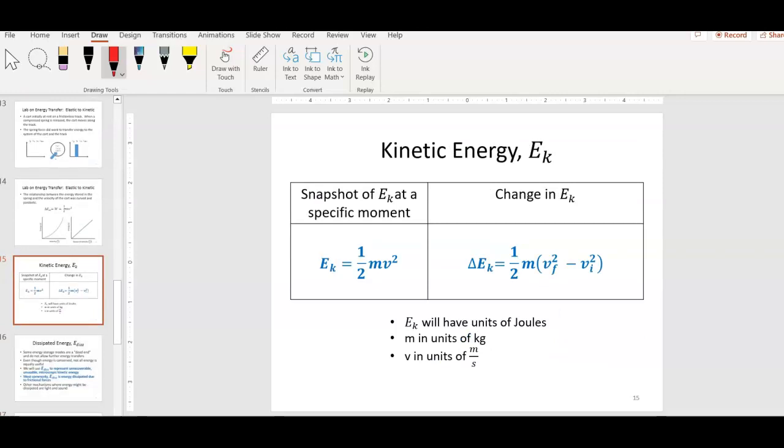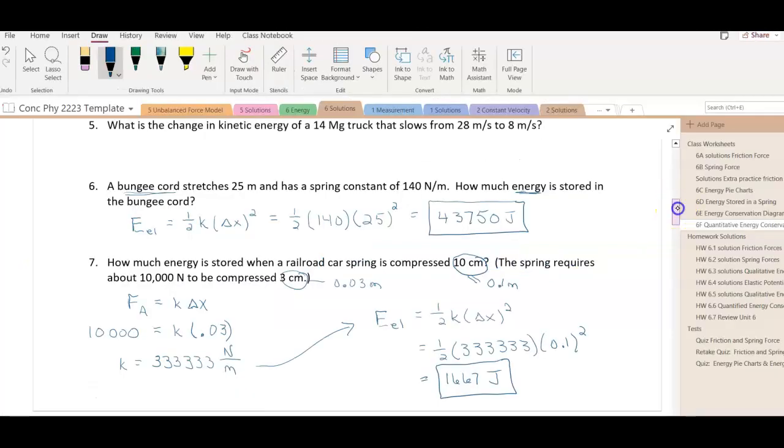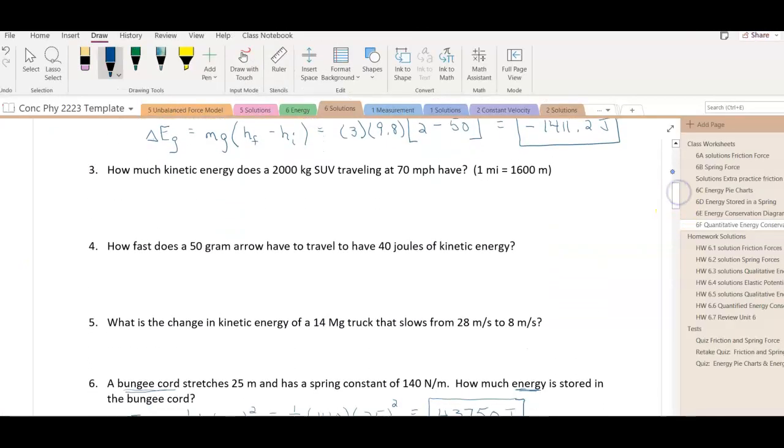Here's the equation to calculate kinetic energy. EK, kinetic energy, is 1/2 times the mass times the velocity squared. Mass has to be in kilograms. Velocity has to be in meters per second. Okay, so let's go calculate or use that equation in some problems.